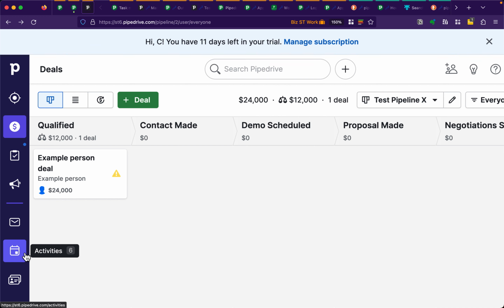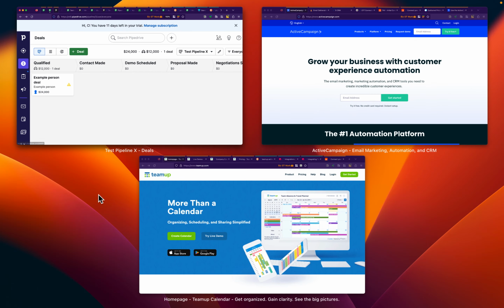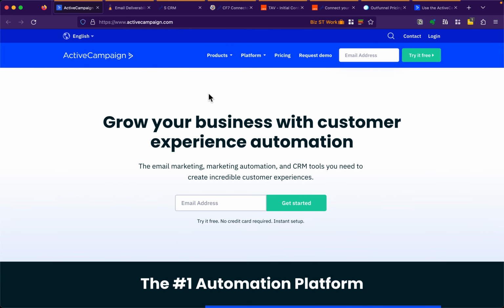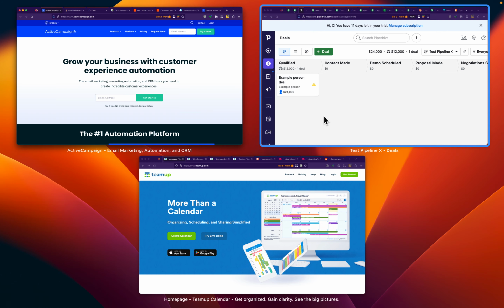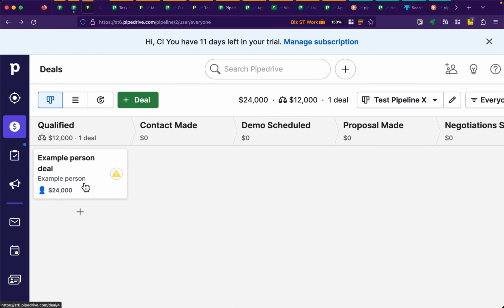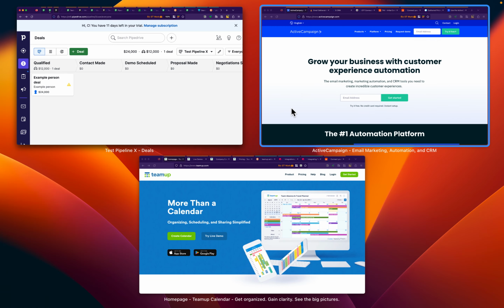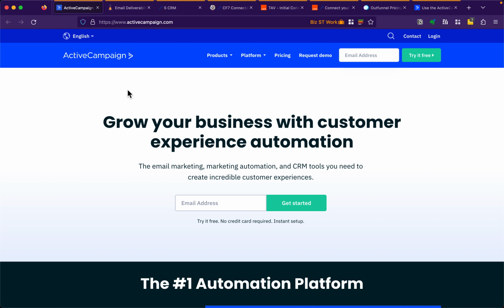So that's the gist. One more point of consideration is it may be desirable to have some sync happening between Pipedrive and ActiveCampaign, so that if there is some change to the email address or the name of the person, then that contact info is updated in ActiveCampaign.